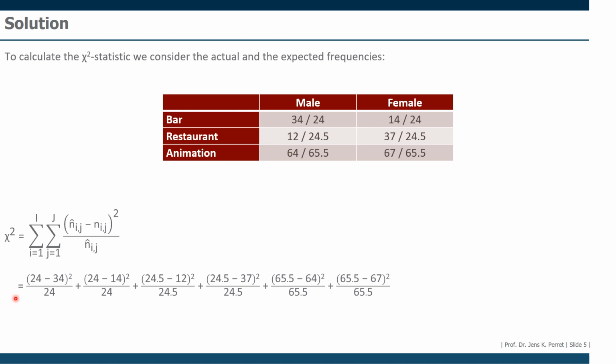So the first one is 24 minus 34, in parentheses, squared, divided by 24, the expected one. And then I'm going to do this for each of my 6 entries. Here I've just written this down step by step.